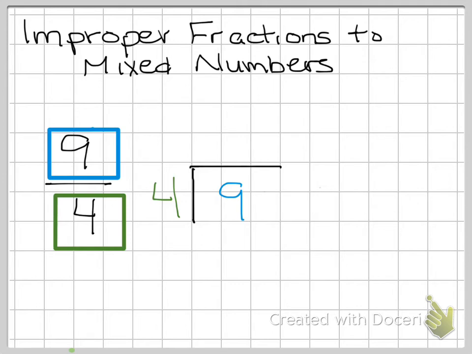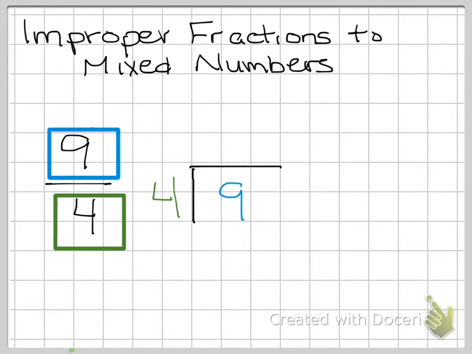And then I am simply going to start dividing. If you need a multiplication chart, I would always encourage you to use it. If you have a really difficult time, you might want to use a calculator to help you out. However, you cannot solely rely on a calculator to do this.